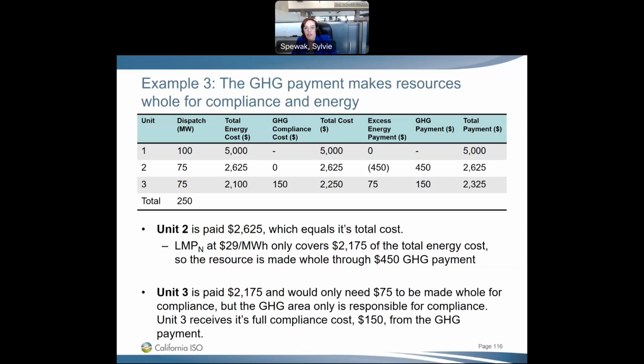So at the end of the day, this resource is paid more than its total cost. Its total cost was $2,250. It receives a total payment of $2,325, and that's because we don't have enough of this resource. If we had more of it, we'd be able to reduce the total system costs. So this is that surplus payment that goes to Unit 3.